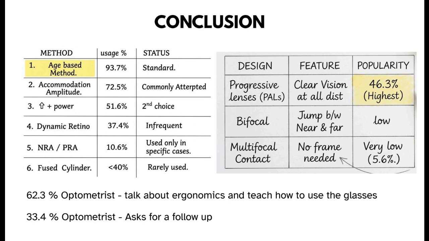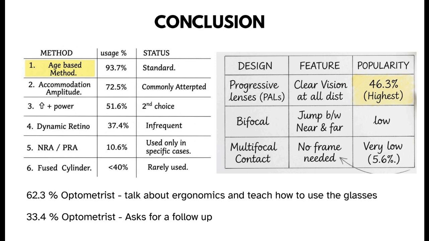Last year, we conducted a research in which we found that the age-based method was the most used by optometrists, and they considered it a standard procedure as it was less time consuming and more acceptable to the patients. Fused cross cylinder was least used because they face challenges such as time constraints and difficulty in understanding the test.